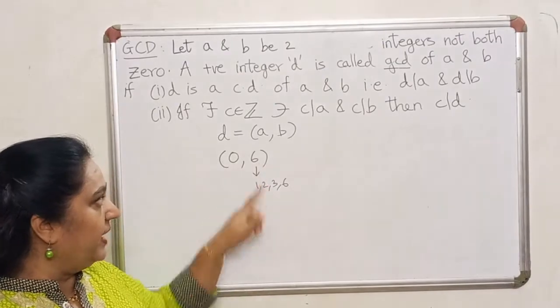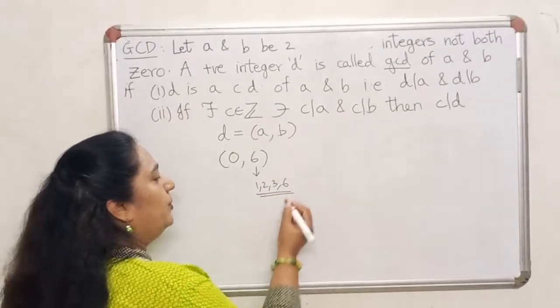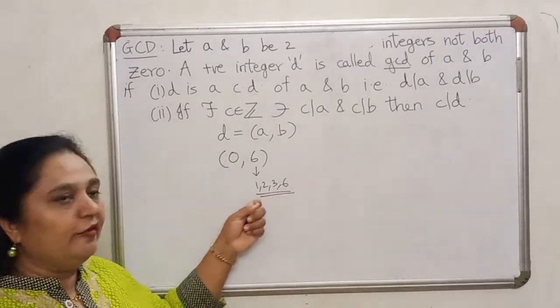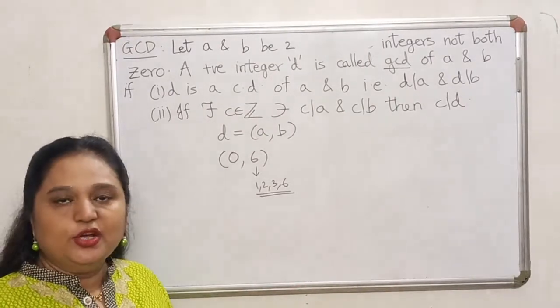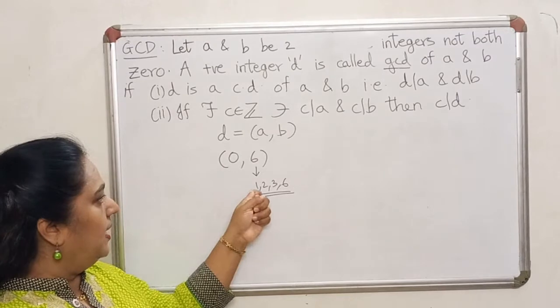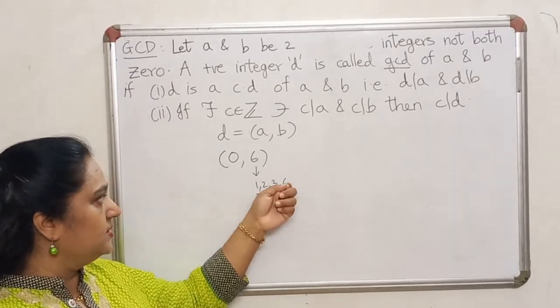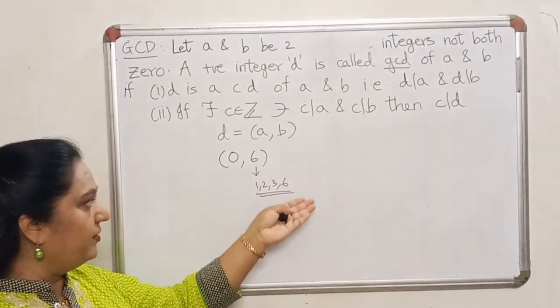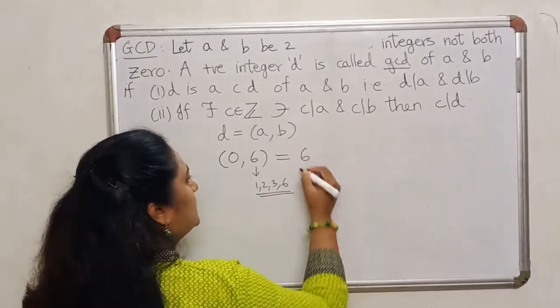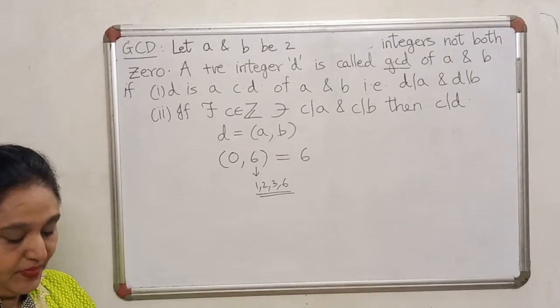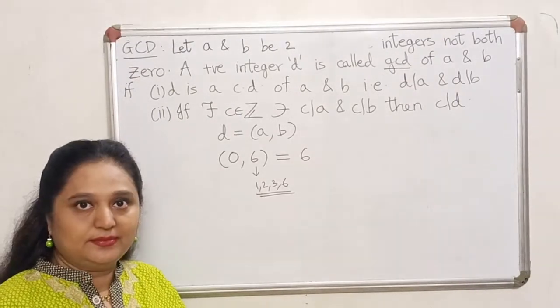If they also have to divide 6, obviously this is going to be the set of all common divisors of 0 and 6: 1, 2, 3 and 6. So you will notice that out of these common divisors, 6 is the greatest. Of course, every other common divisor divides 6. So the GCD of 0 and 6 is equal to 6. Is that the answer that you got?